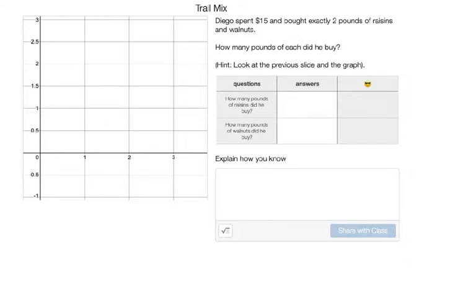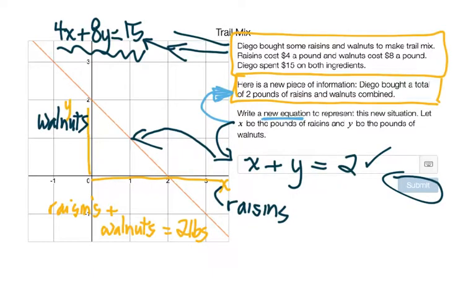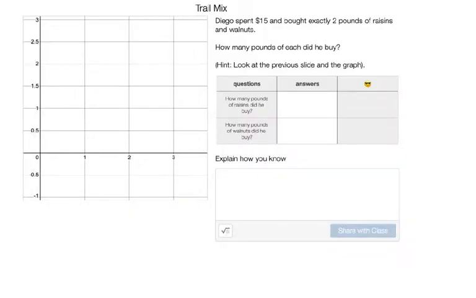Because if I go back and I look at this equation, he bought 2 pounds, but he also spent $15. So I've got to figure out what is going to work in both. How many pounds of raisins did he buy, and how many pounds of walnuts did he buy?